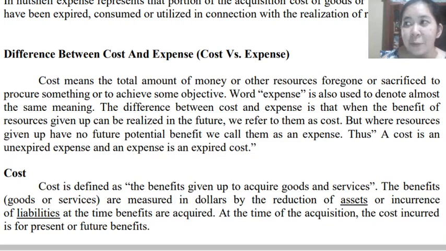For example, in the prepaid expense in the rental, your entry initially upon payment is debit prepaid rental, credit to cash. And then after a certain period of time in which you have already consumed the rental, our adjusting entry will be rent expense, credit to prepaid rental.